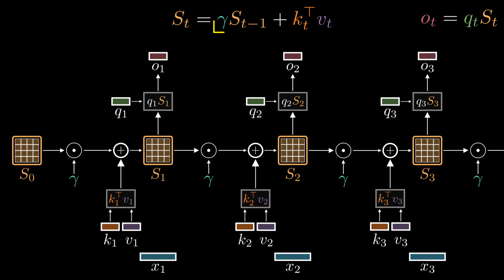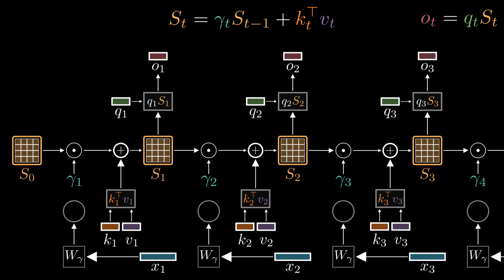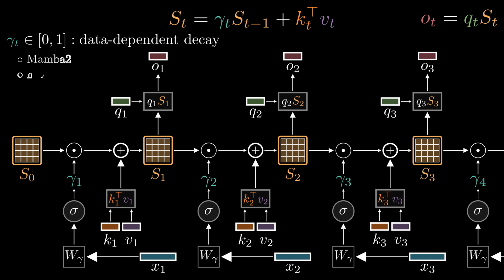Therefore, we can introduce a data-dependent gating mechanism to dynamically adjust the decay rate according to the embedding vector. For example, the scalar gamma t can be computed by linearly projecting the embedding vector into a scalar value followed by a sigmoid function. Example models that use scalar data-dependent decay are Mamba2, mLSTM, and Gated Retention.